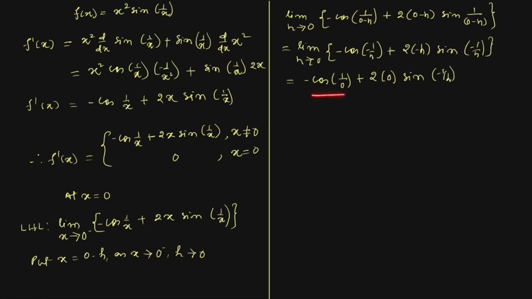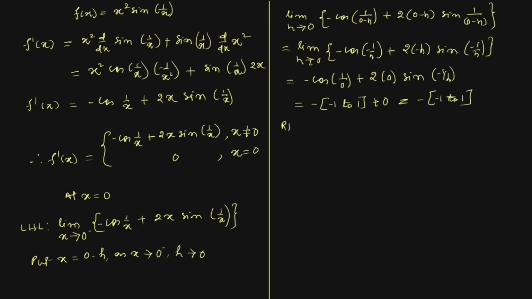We know that this value is from minus 1 to 1 and this term is equal to 0. So we are able to write this as minus 1 to 1 and this term is 0, which is equal to minus 1 to 1.